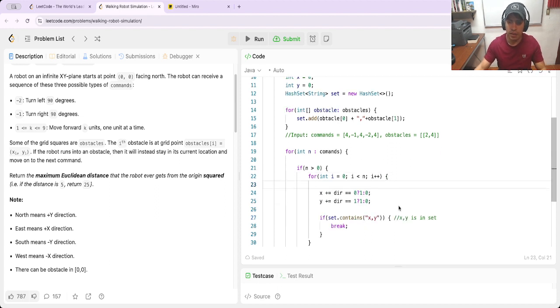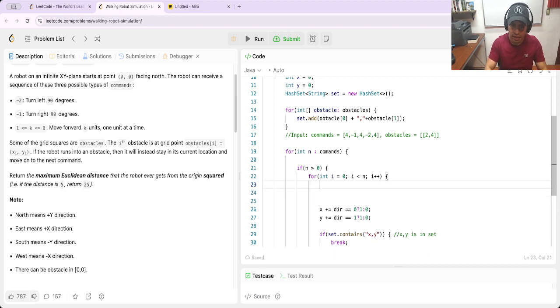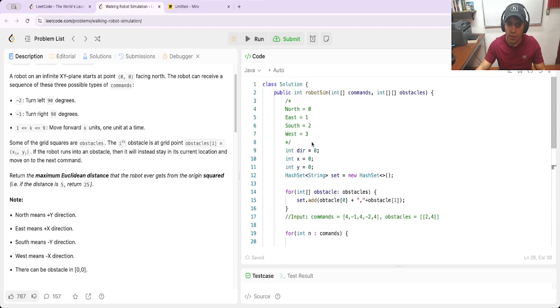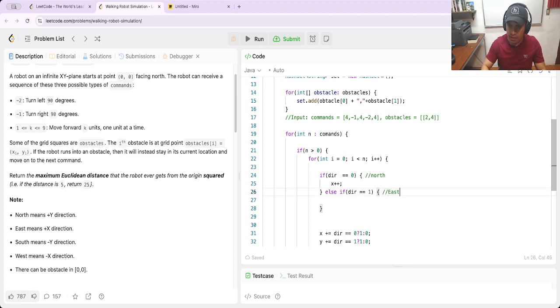Okay, yeah, we can add here an if, yeah, when the direction is 0, yeah, north, x plus plus, else if, we can use a switch here, but okay, when direction it's equal 1, means that is the east. In this case is y plus plus.